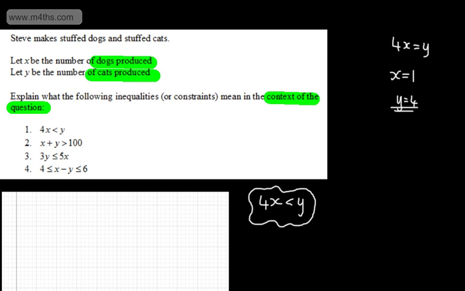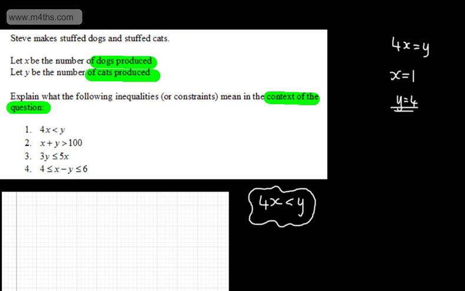The number of cats must be more than 4/5 of the number of dogs and cats produced, or the number of animals. Again, we can see this here. If we think 1 and 4, it's going to be 4/5. Alternatively, you could flip that round. You could say the number of dogs produced must be less than 1/5 of the total number of items produced.